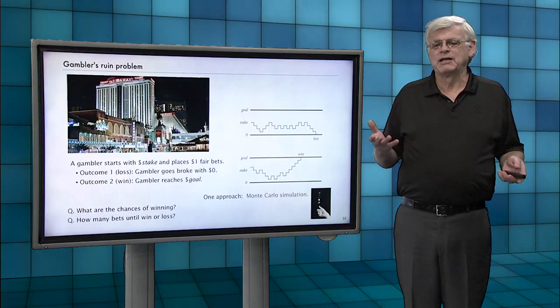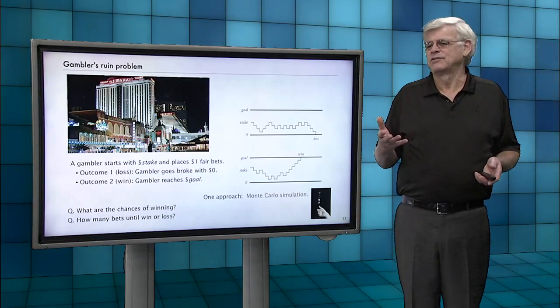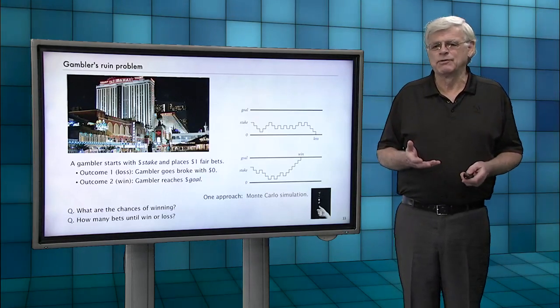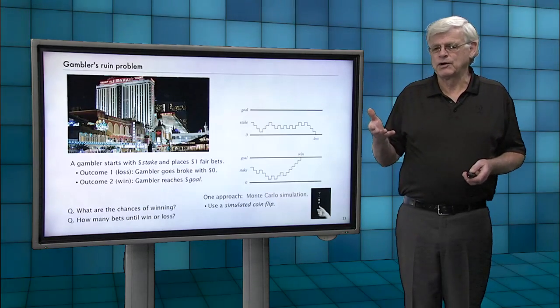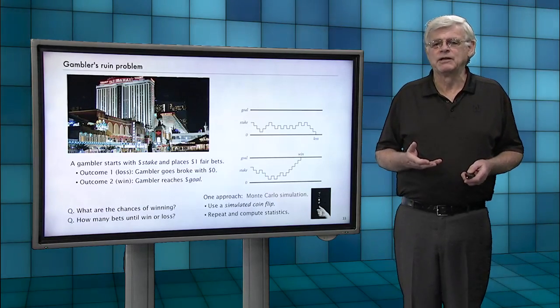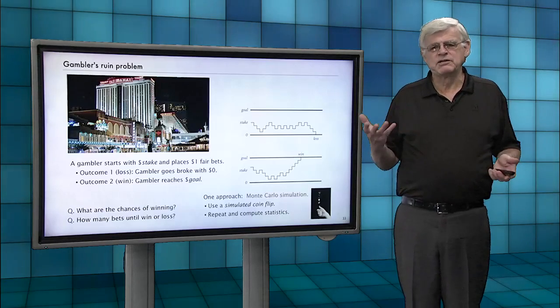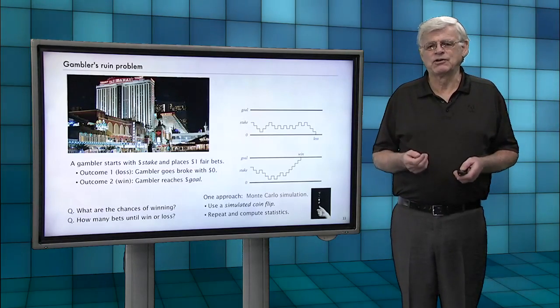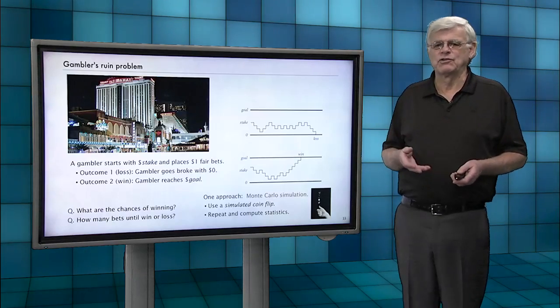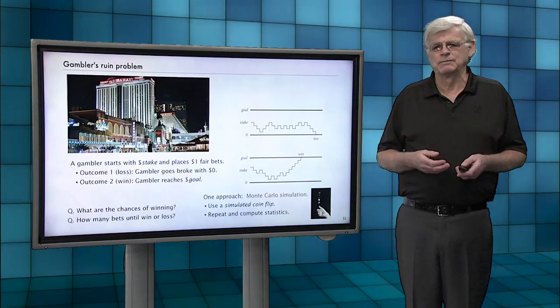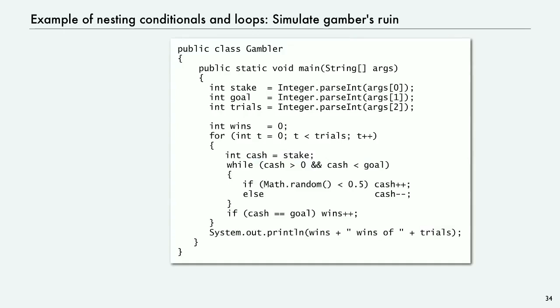We're just going to simulate the process and keep track of the results. We'll use the simulated coin flip. We already did that with the if statement. And we're just going to repeat doing that and keep track of all the statistics to try to get a handle on these two questions for the gambler's ruin problem.